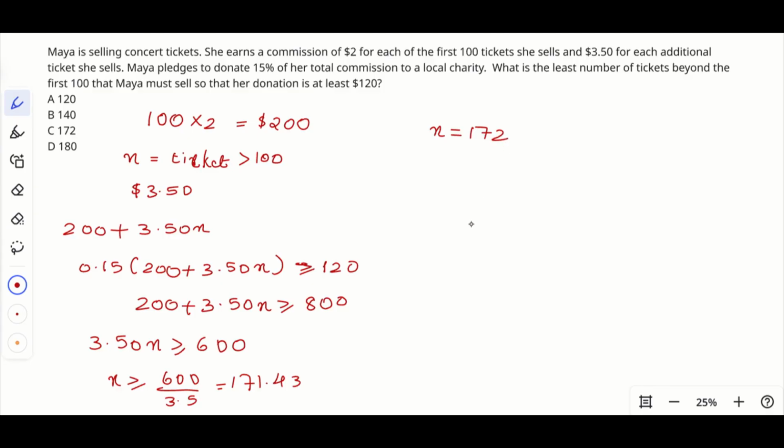So Maya must sell at least 172 tickets beyond the first 100, which means the total number of tickets will be 100 plus 172, which is 272. So the question is, what is the least number of tickets beyond the first 100? That will be 172. Okay, so the correct answer would be option C. Okay, so I hope it is clear for you.